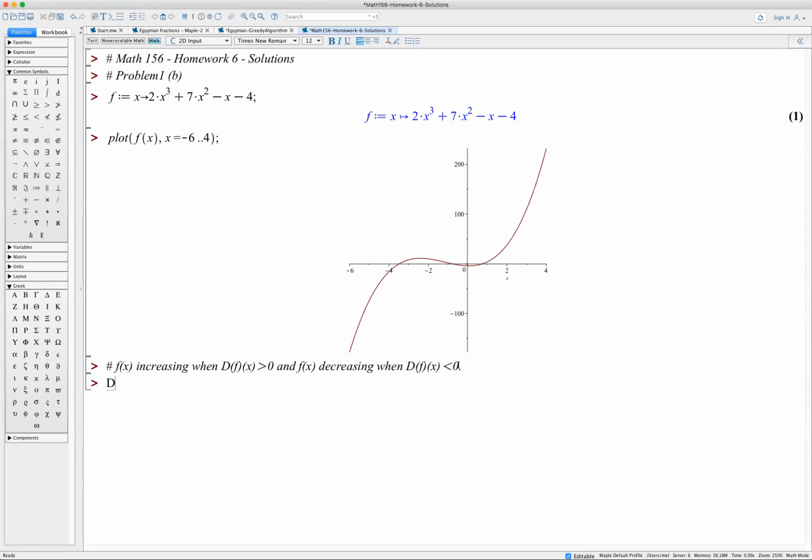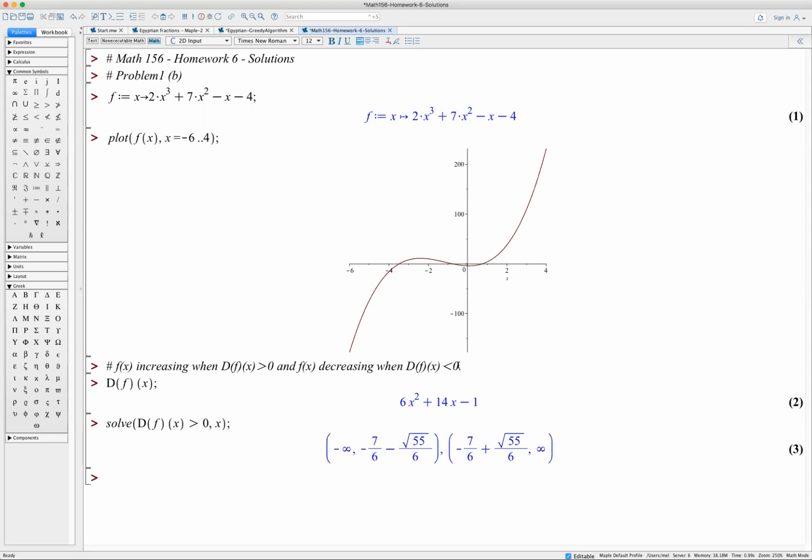So the derivative of f of x is just this quadratic. And suppose we want to find when is the derivative of f of x greater than 0?